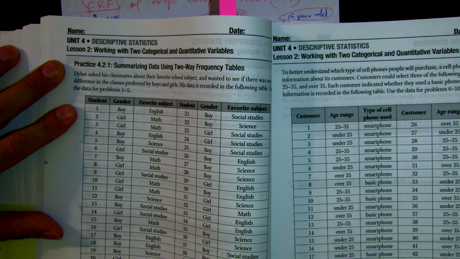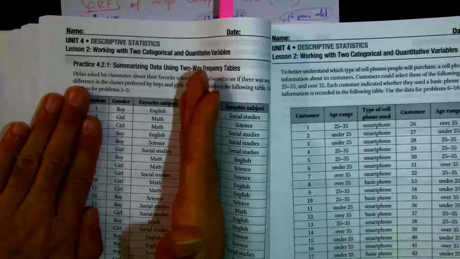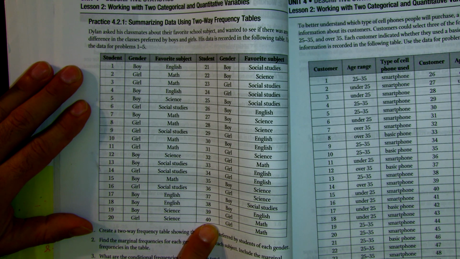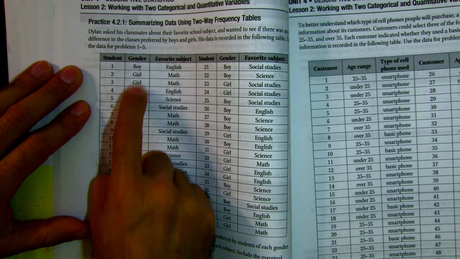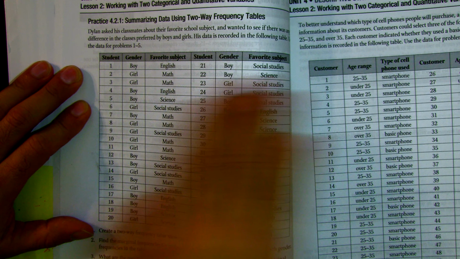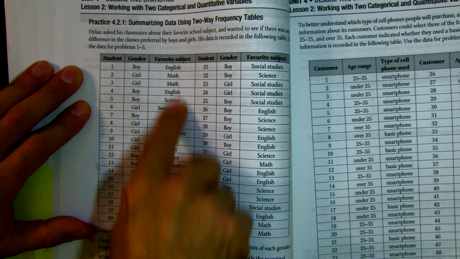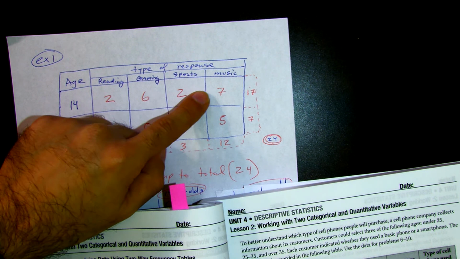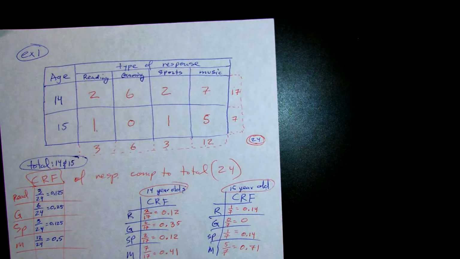They give us the data like this. But if I showed you the Excel sheet I was pulling information off, it was set up like this. You just have to disregard the student number. That just helps us get a tally that there's 40 altogether. But the main thing is it's either boy or girl as far as our rows, side to side, and our columns are going to be our favorite subject, like we had reading, gaming, sports, and music.